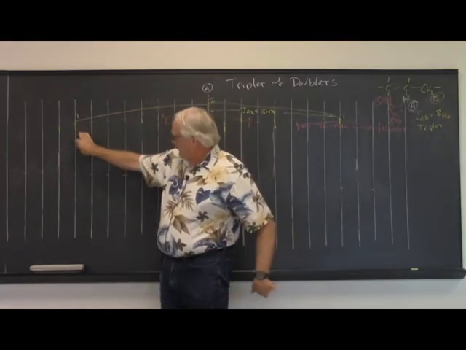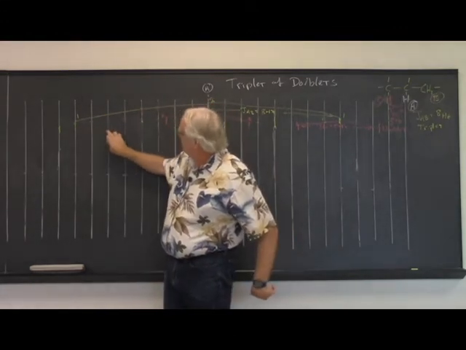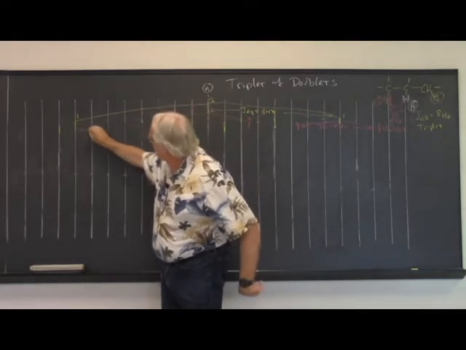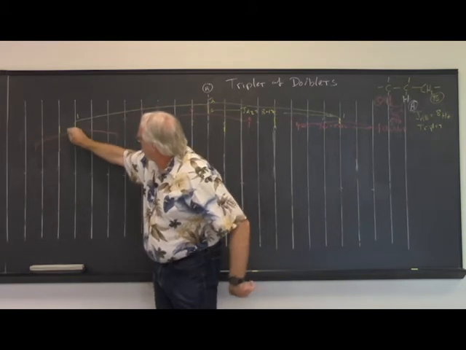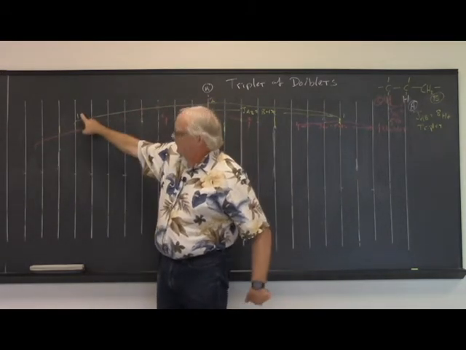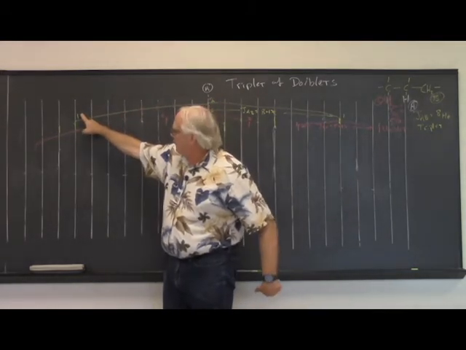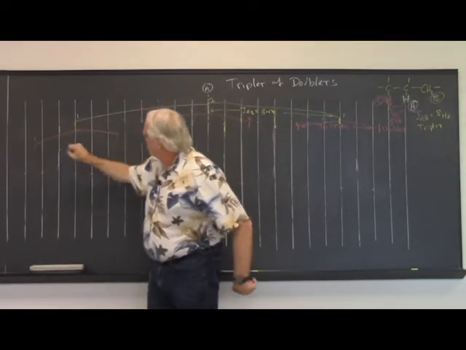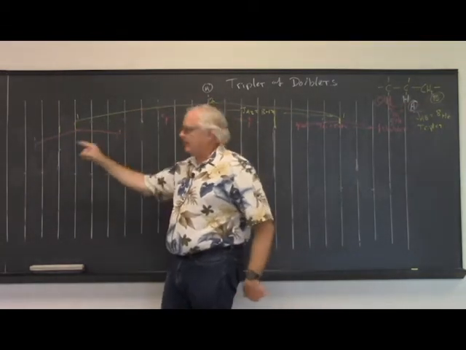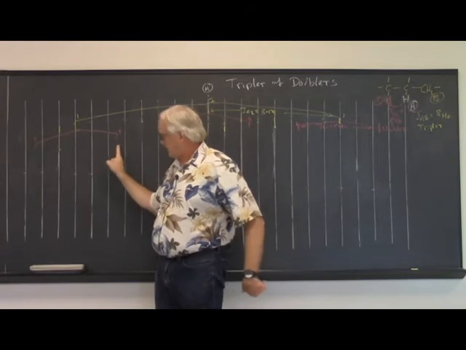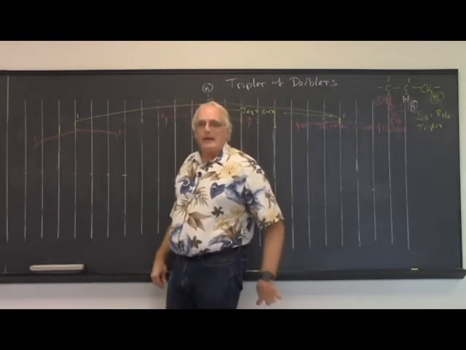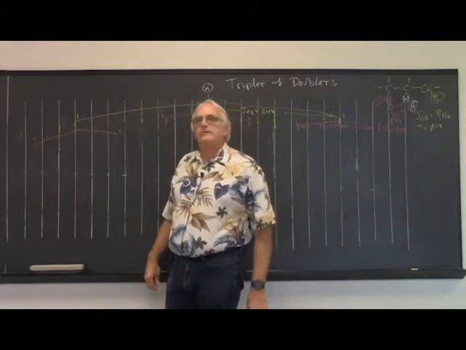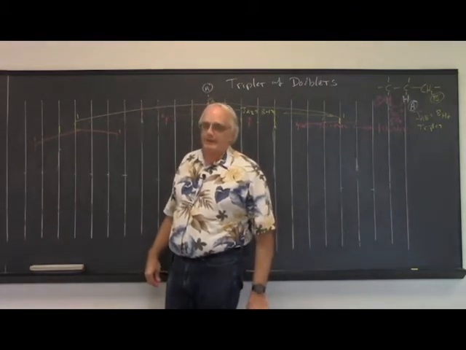Split it into a doublet, 1, 2.5 this direction, 1, 2.5 in that direction. We start off with a peak height of 1. It's a doublet, so that each side of the doublet is preserved, has the same height as this did up here. There it is. There is the setup for the triplet of doublets.